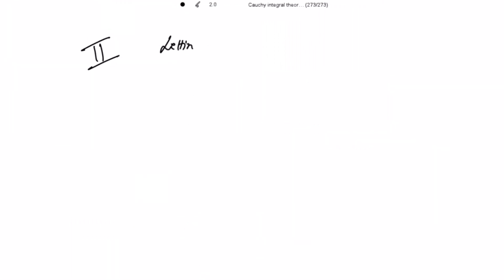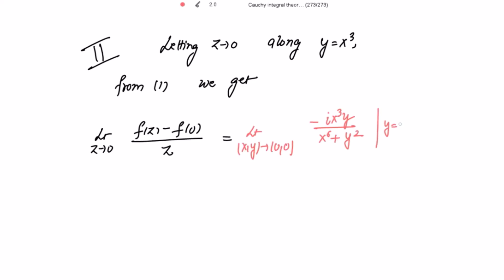So letting z tend to 0 along the curve, let's say y equal to x cube. So from 1 we get, if I put y equal to x cube over here, everything will be changed into x. So writing here limit x tending to 0. So this is minus iota x cube, and writing y equal to x cube over here, divided by x to the power 6 plus, this becomes x to the power 6.